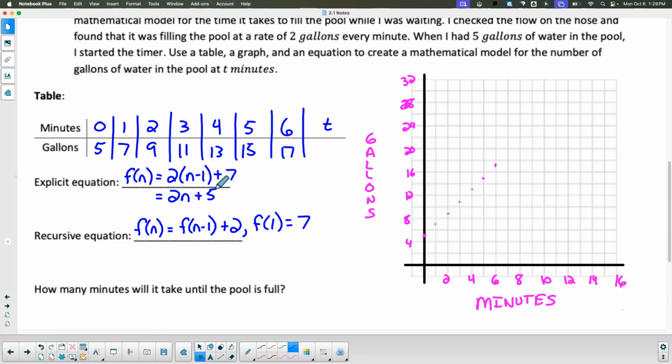Before we figure out how many minutes it's going to take for the pool to fill, my question to you is, in this scenario, because you've got to go by each scenario, right here would be what is that, 3.5 minutes?